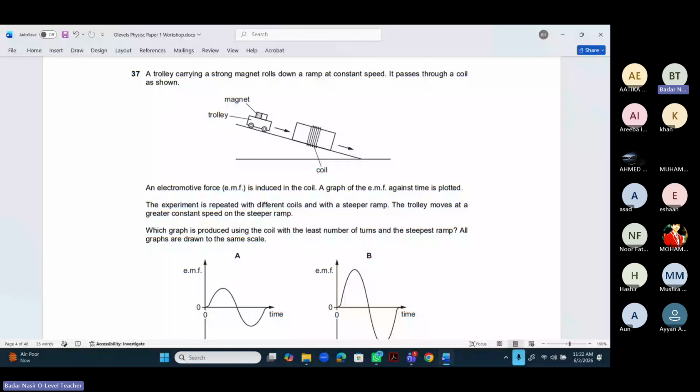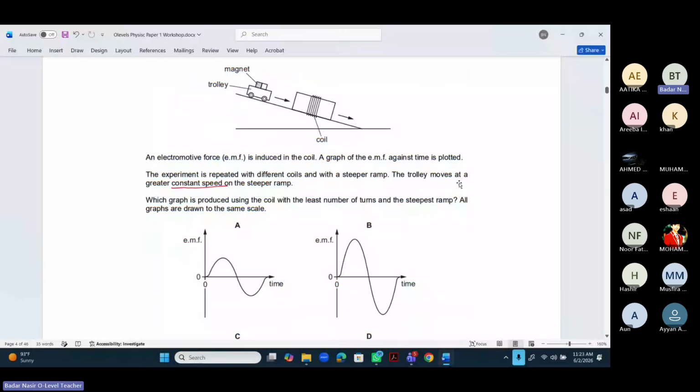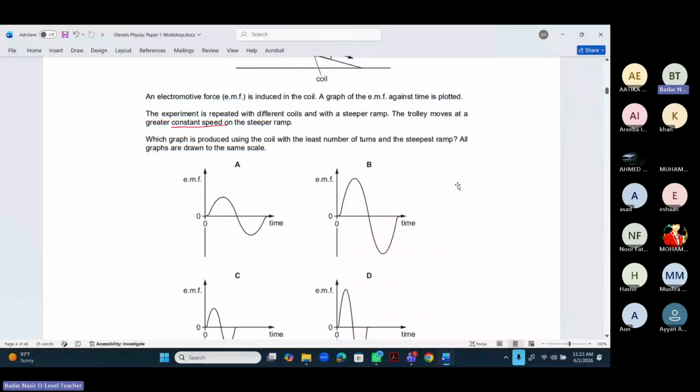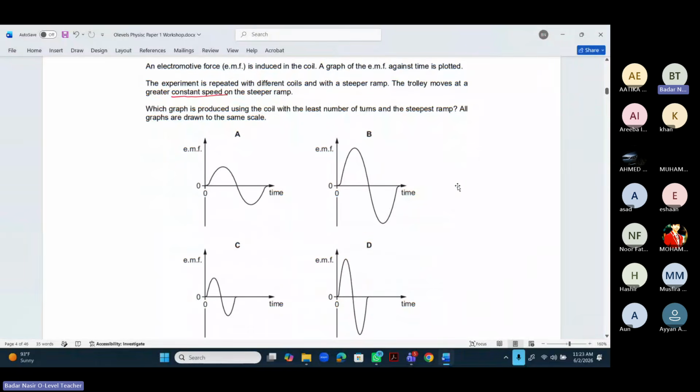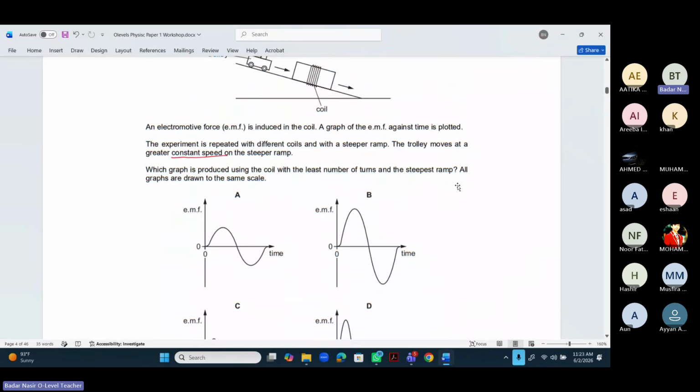The experiment is repeated with different coils and with a steeper ramp. The trolley moves at a greater constant speed on the steeper ramp. So which graph is produced using the coil with the least number of turns and the steepest ramp? All graphs are drawn to the same scale.